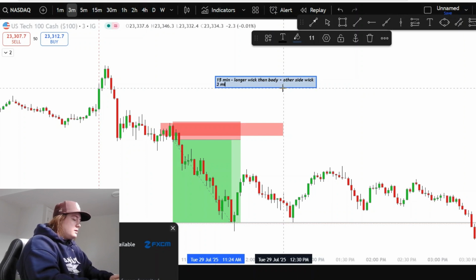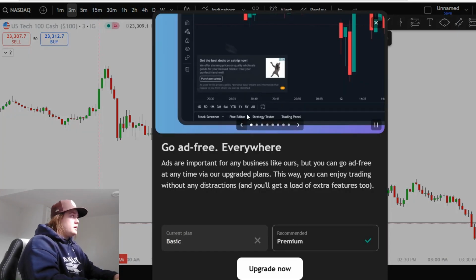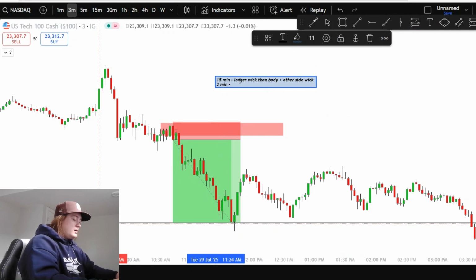Next, 3-minute time frame. What you want to see is a break of zone towards your bias. So if you're looking for a sell, you want a break below.